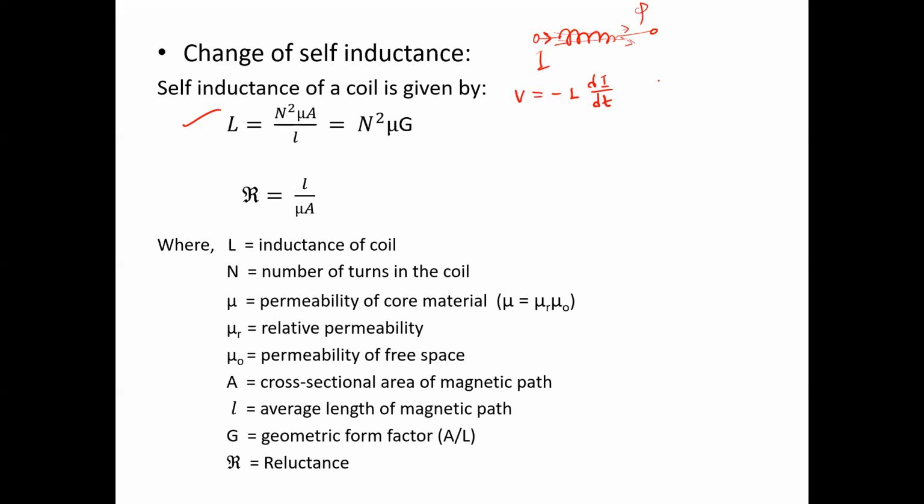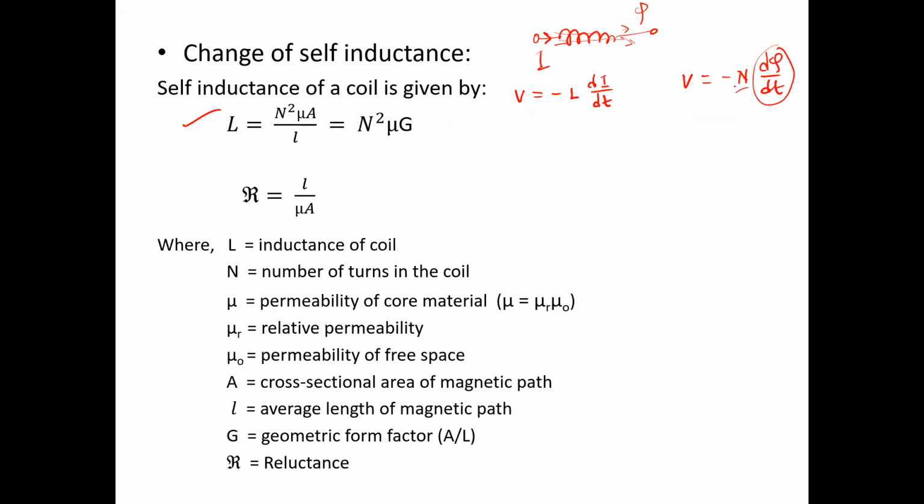Apart from this, the same expression can be written in terms of the change of flux and the number of turns. According to Faraday's law, the same induced EMF can be represented by the change of flux multiplied by the total number of turns in the coil.